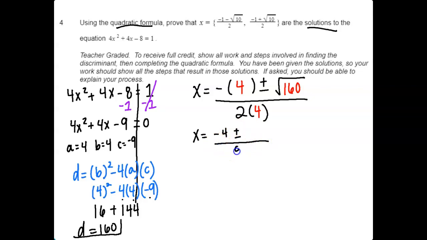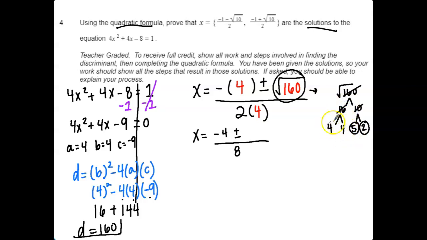I'm going to divide this by 8. Now the radical. Remember that we need to simplify this radical, and normally I pull that off to the side. Let's break this down. 160 is not a perfect square, but I can break it down into 16 and 10. 10 can be broken down into 5 and 2. These are both prime, so I'm going to circle them. 16 can be broken down into 4 and 4.